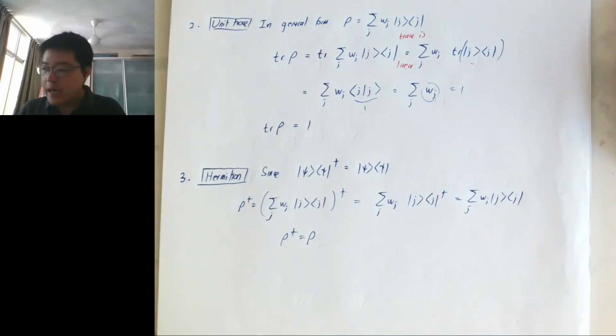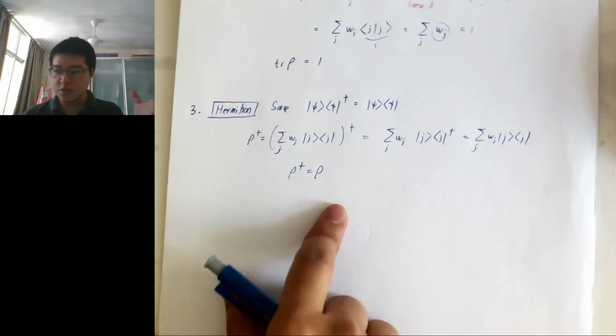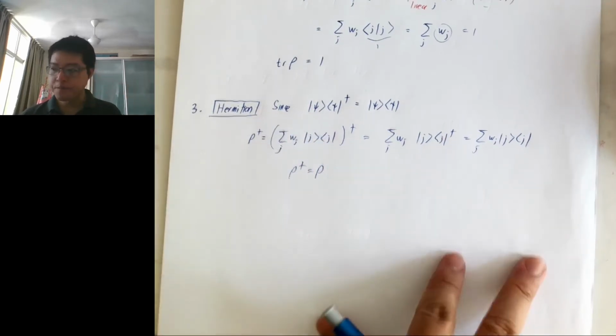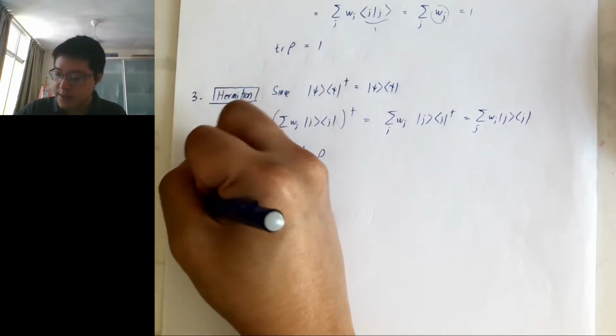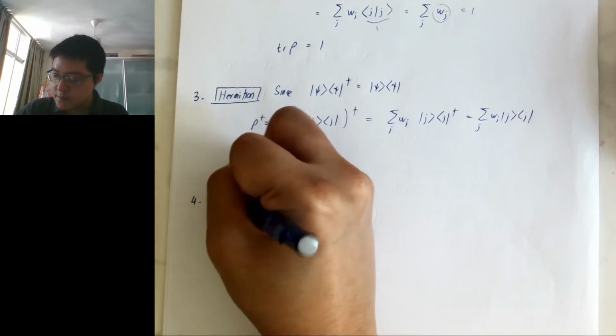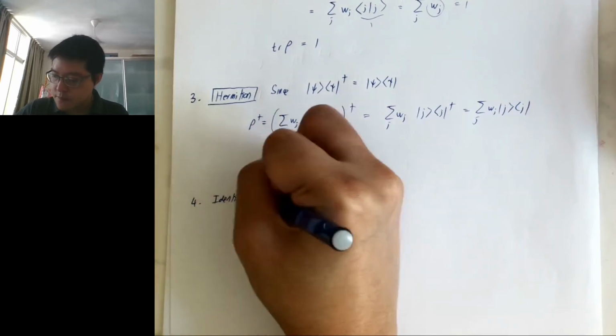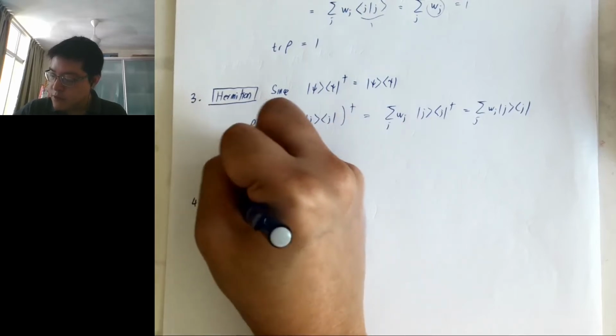Okay, and so now that we have the density matrix, it is supposed to be something that can describe pure states as well as mixed states at the same time. The whole thing is called rho in this general form. But we should still be able to tell the difference between a pure and a mixed state. So this is one way to identify a pure state. So how do we identify a pure state?